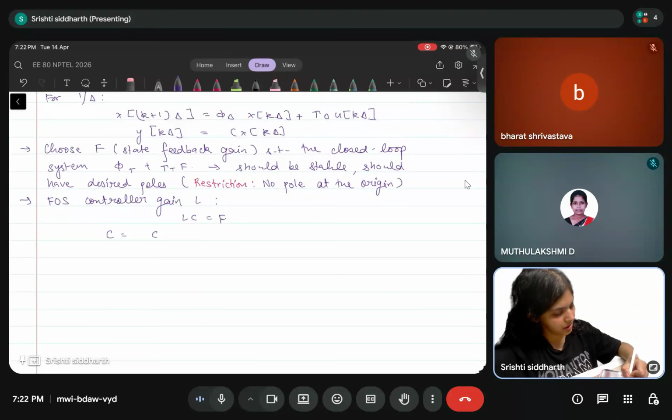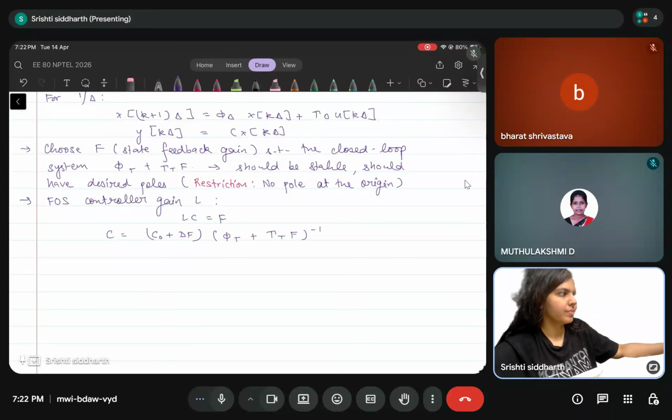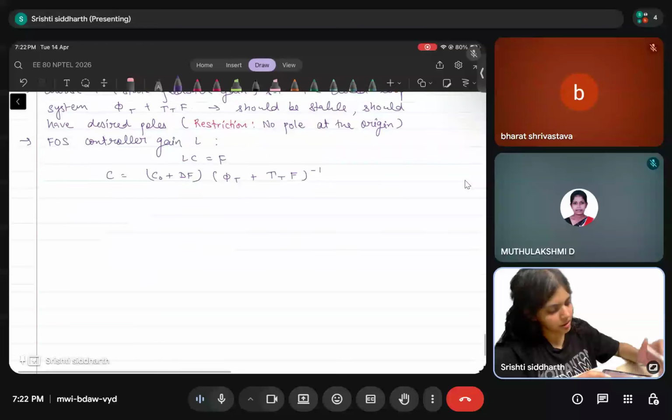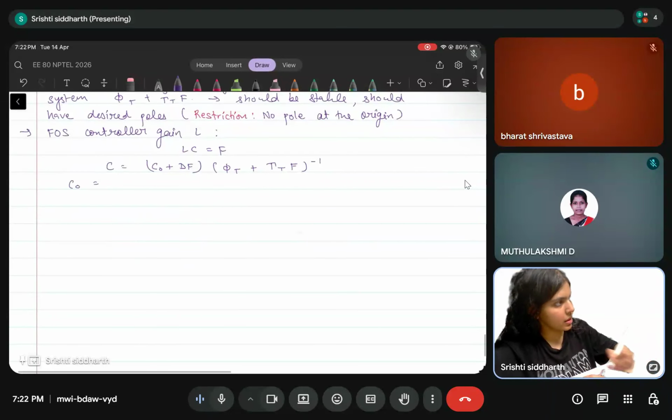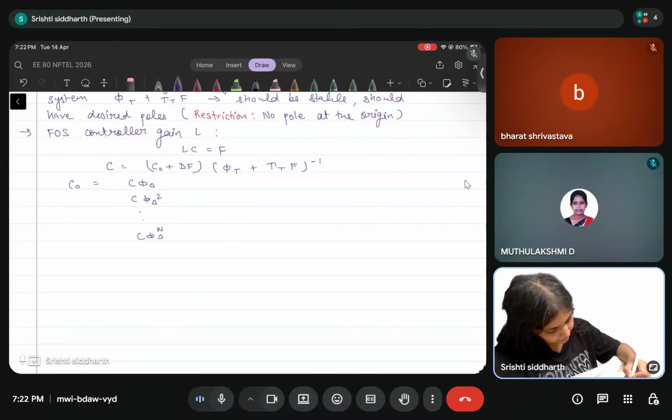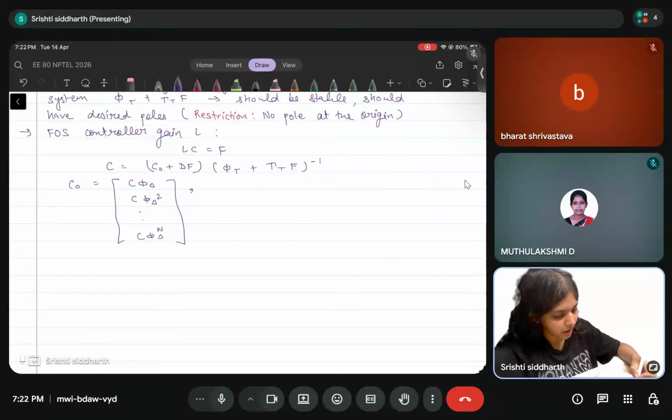C is given by C0 plus D F times phi T plus gamma T F inverse. So we know what C0 is. C0 is C phi delta, C phi delta square, till C phi delta to the power N. So it's phi delta to the power N.